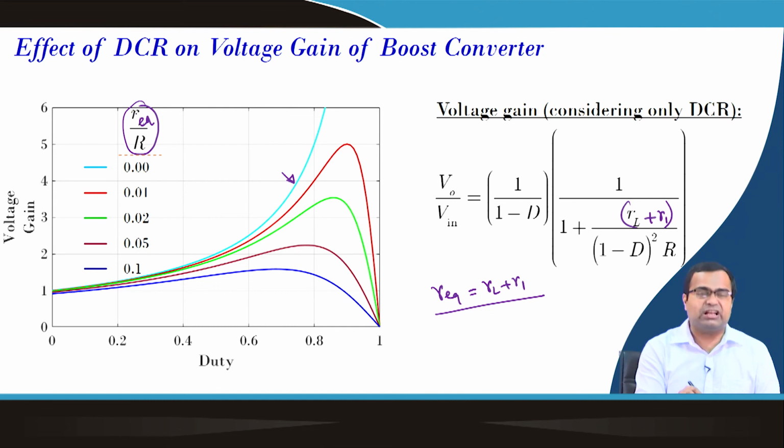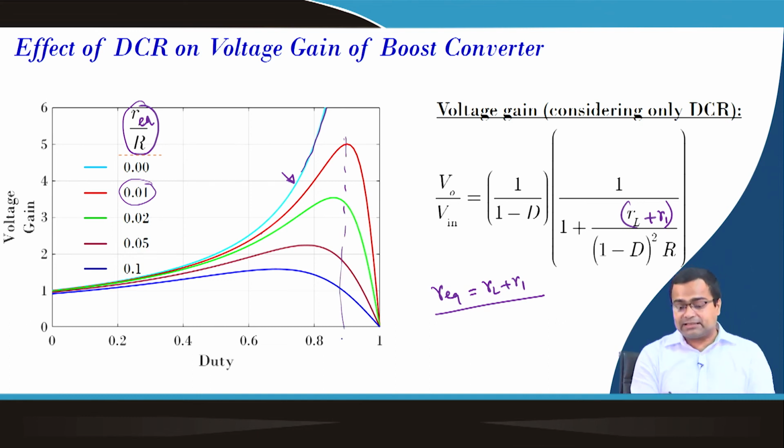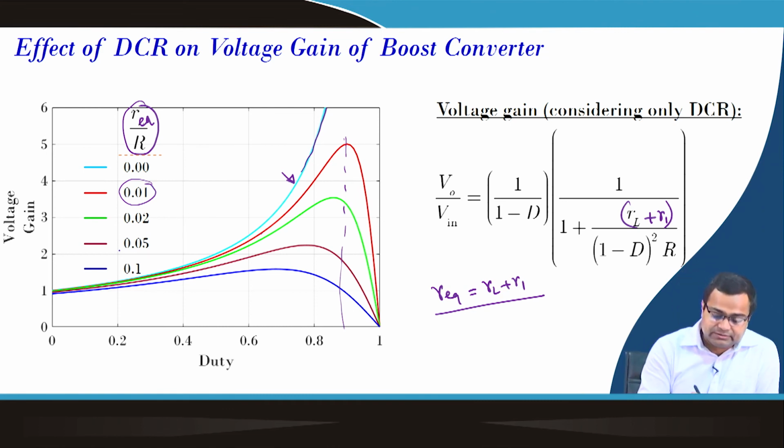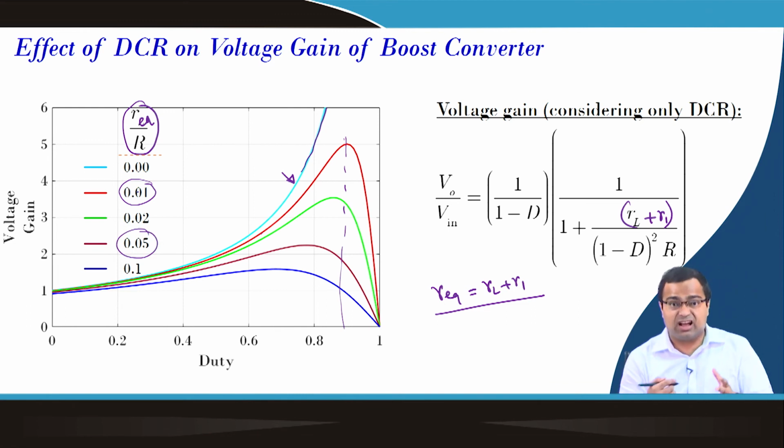if this is 0, that means if we do not consider any parasitic drop, you see the voltage gain can be increased like anything. But practically when this term comes into the picture, then the maximum voltage gain is achievable at this point, and this maximum point shifts quite drastically when this resistance ratio becomes larger and larger.